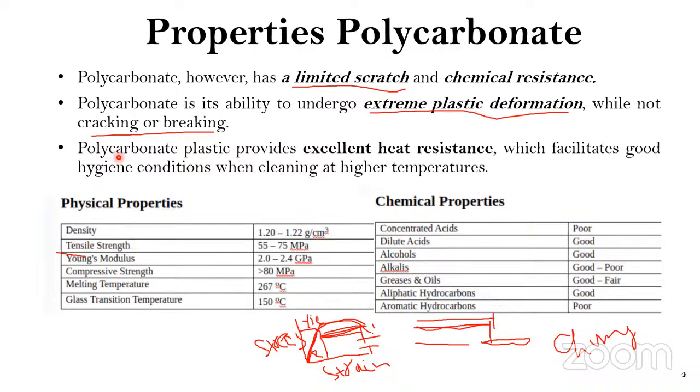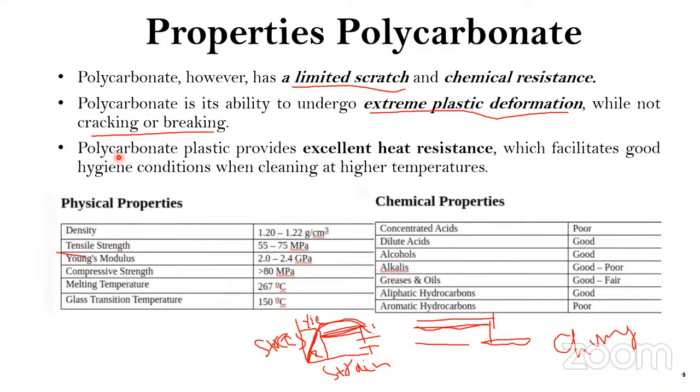PC has high scratch resistance compared to PMMA. Yeah, that is the reason, according to your application point of view, but PC is a little bit costlier than PMMA. Basically it's a balancing kind of thing. Yeah, got your point.